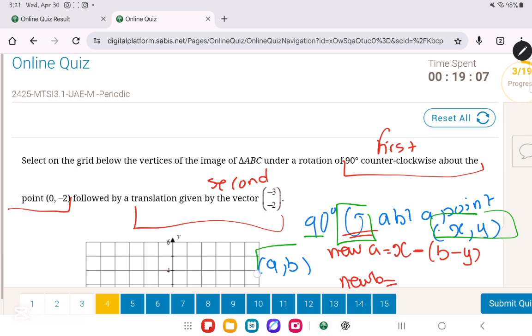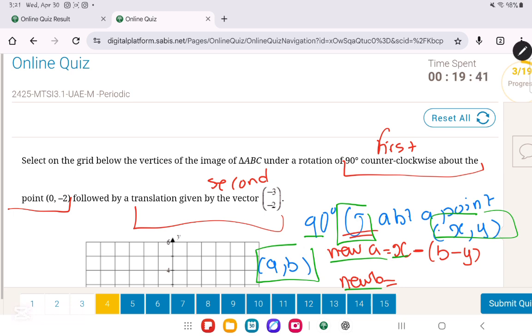Which point are we rotating? We are rotating the point AB. So to find the new position, it's gonna be new A and new B. So it's gonna be the x of the rotation point minus the b of the point being rotated minus the y of the rotation point, okay? If you put them all together, you will be able to find the new A.